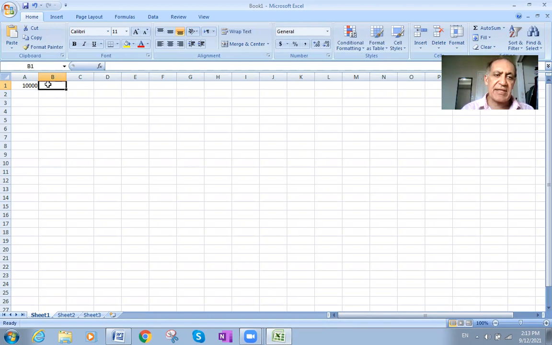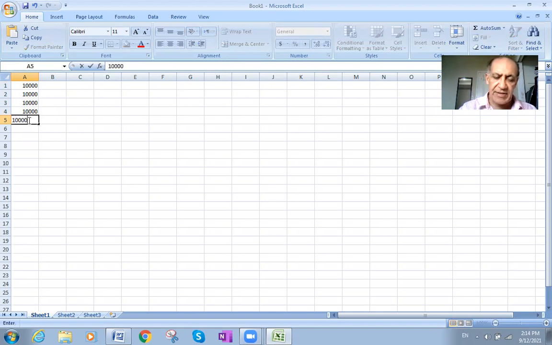Now I will say that this 10,000 is coming to me for 5 years. This is another 10,000. This is another 10,000. This is another 10,000. It means that the cash inflow in my business happens every year with the amount of 10,000.